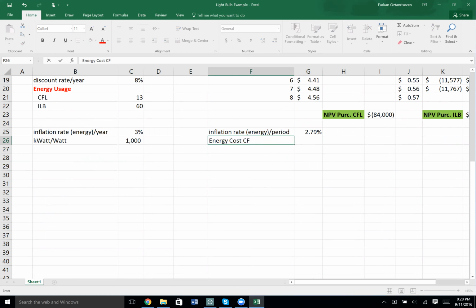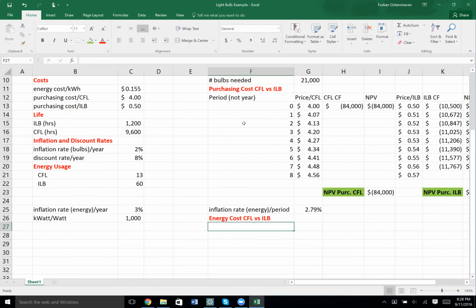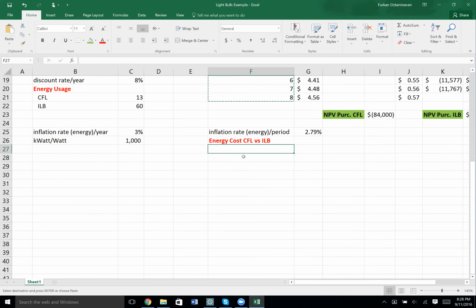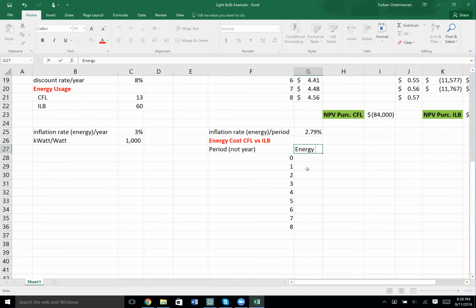So now I can calculate energy costs of CFL and ILB. Let's write the periods from time 0 till 8, and energy cost per kilowatt hour.